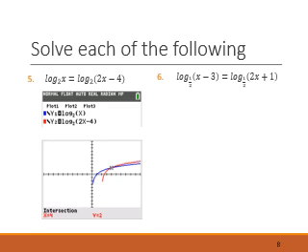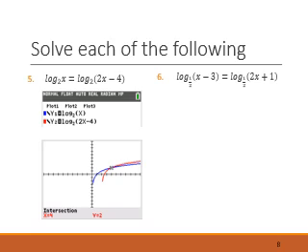And then I found the point of intersection. You can see the two graphs on the lower portion of the screen. And the calculator confirms that the graphs intersect when x is equal to 4, which is exactly the answer we got.